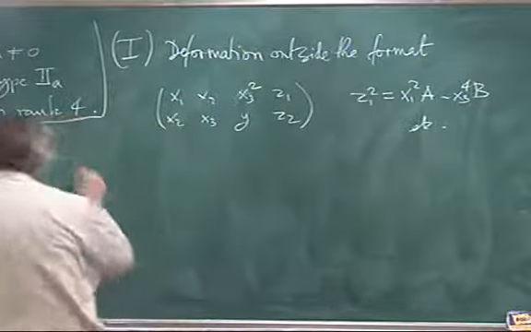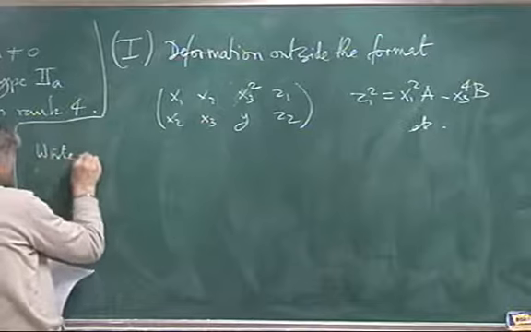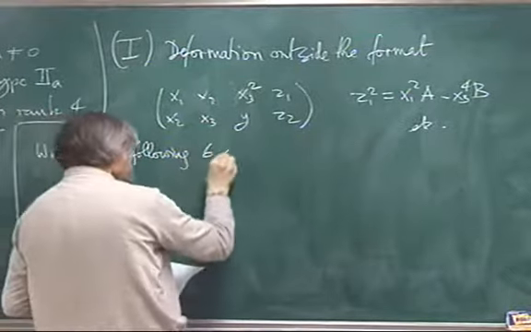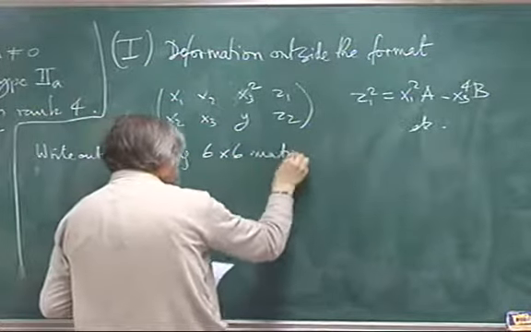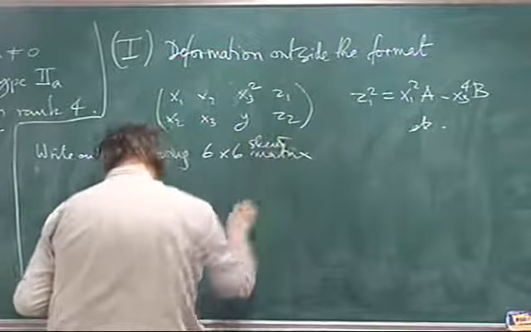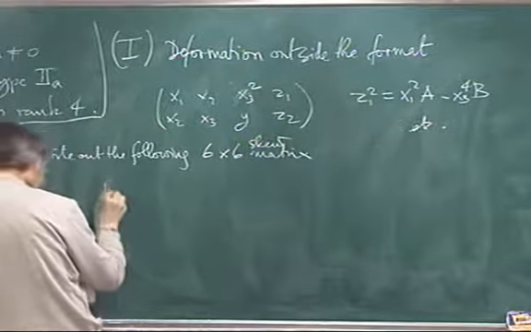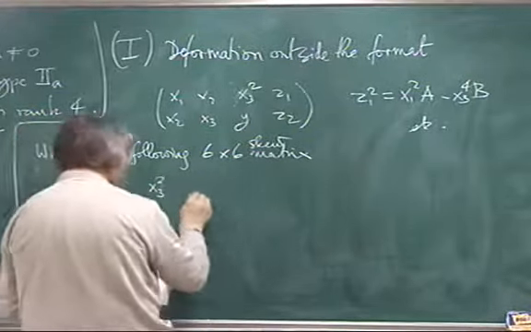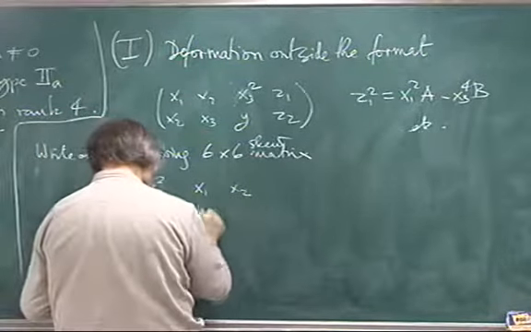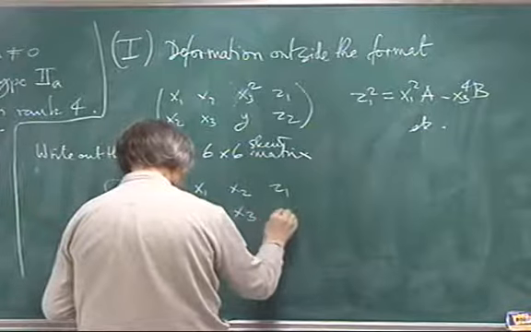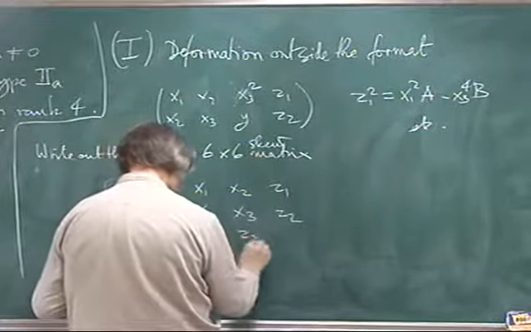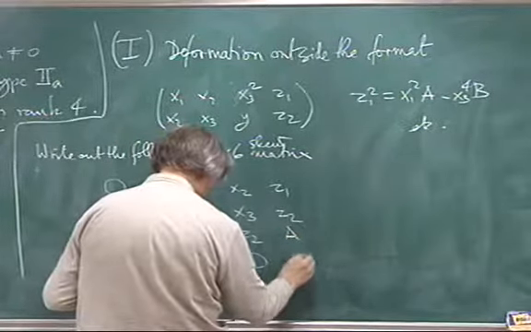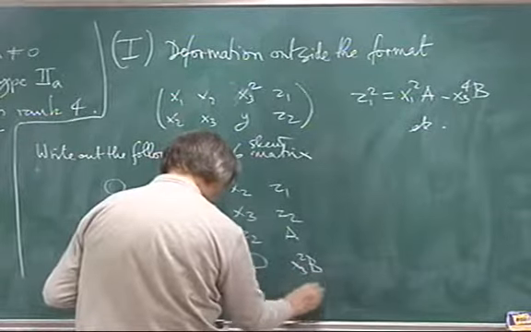So I'm going to write a six by six skew matrix. Again, I'm only writing the superdiagonal elements: 0, x3 squared, x1, x2, x2, x3, z1, z2, z1, z2, a, 0, x3 squared, b, y times b.